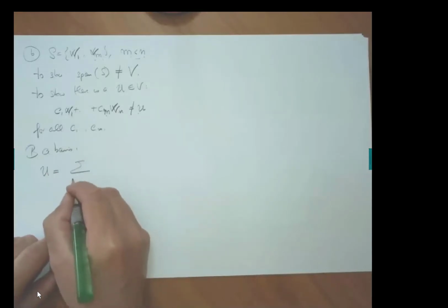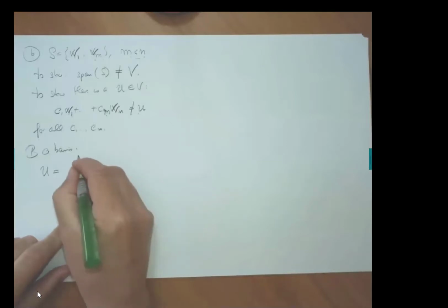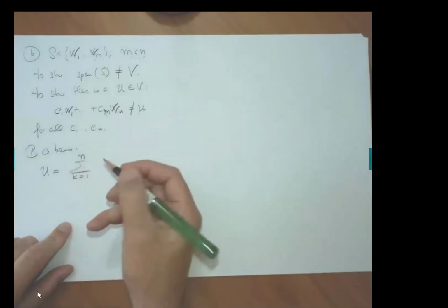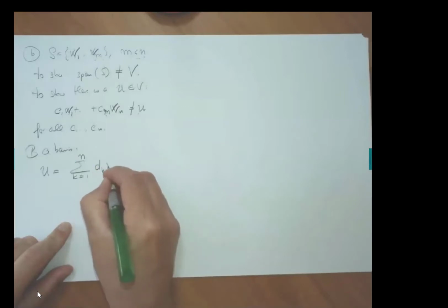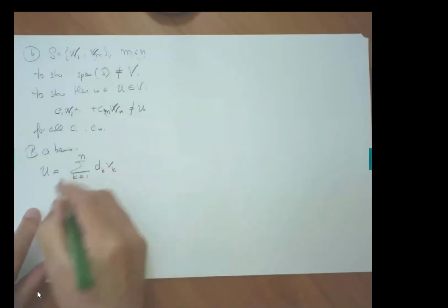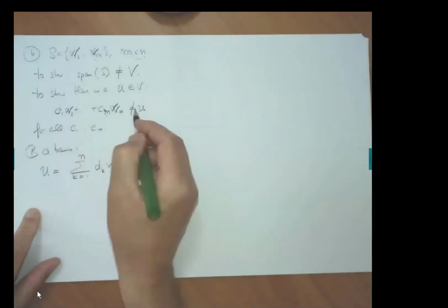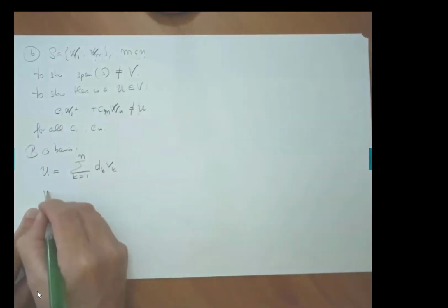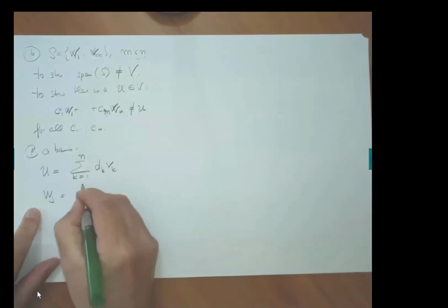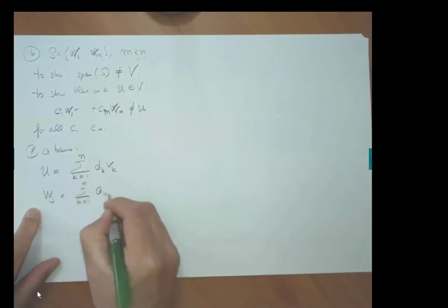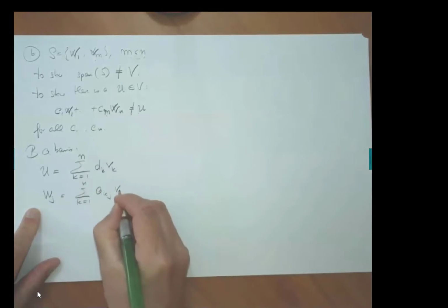Let's say k goes from 1 to n, that's the number of basis vectors. Let's call the coefficients dk, vk, and every w, that's the same as before. So wj is also equal to the sum k goes from 1 to n, akj, vk.